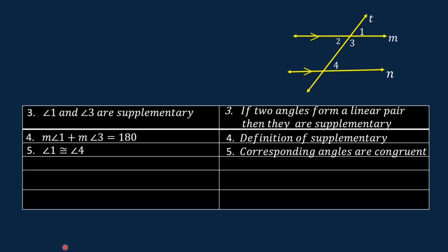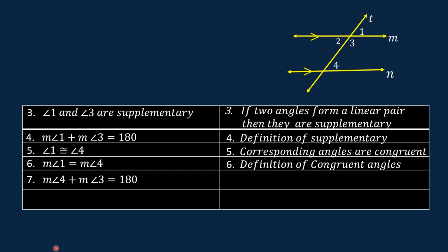Statement number 6. The measure of angle 1 is equal to the measure of angle 4. The reason, definition of congruent angles. According to the definition of congruent angles, if two angles are congruent, then their measures are equal.